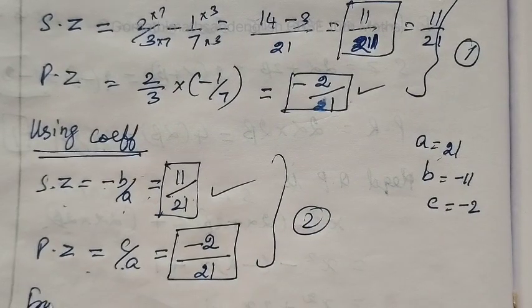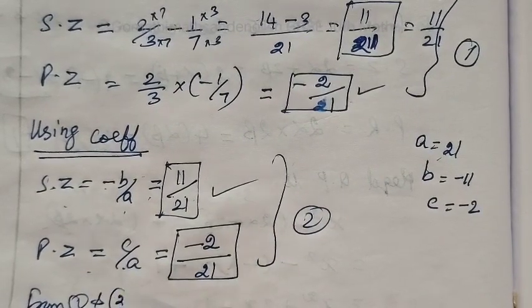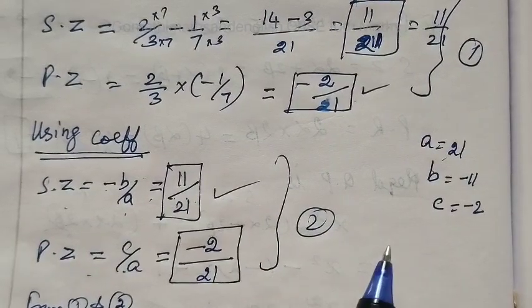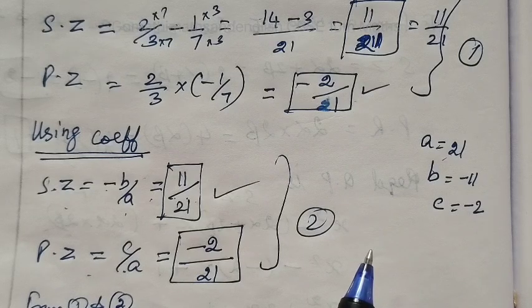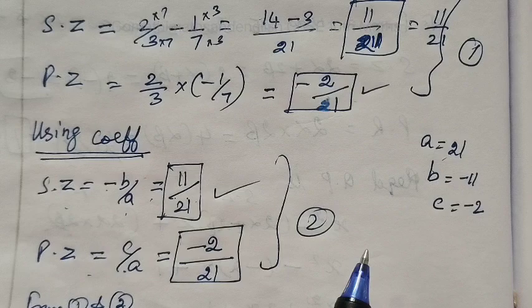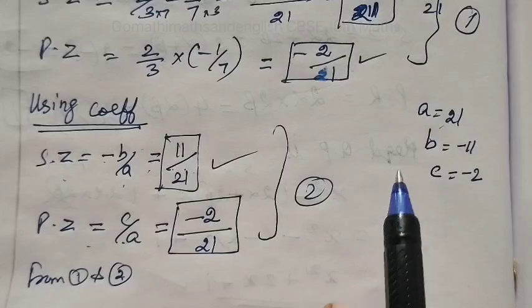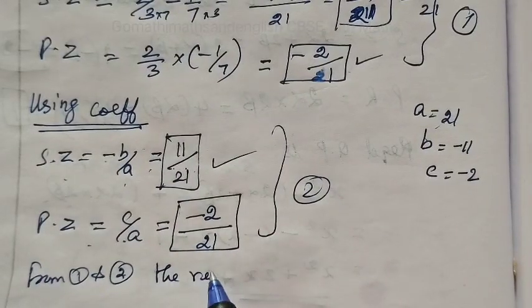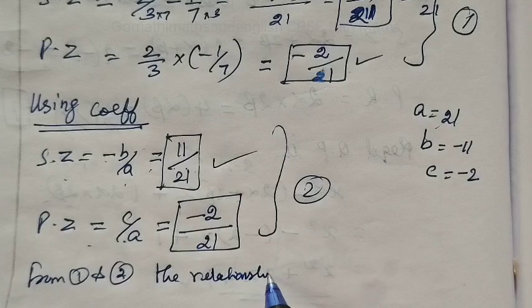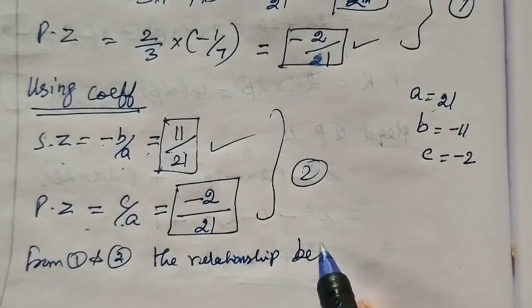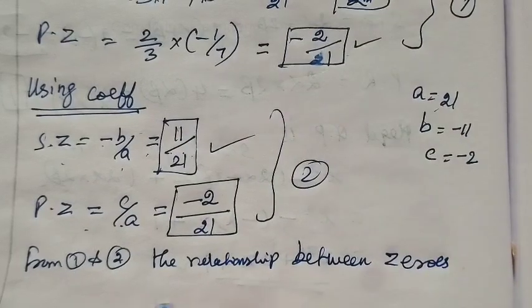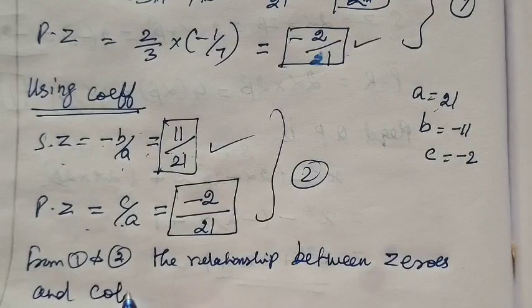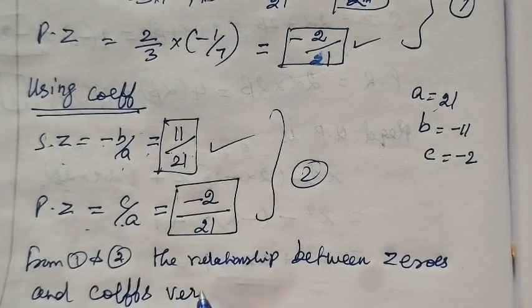So from 1 and 2, the relationship between zeros and coefficients is verified.